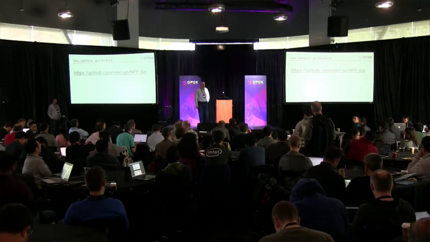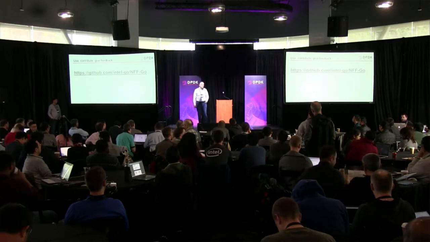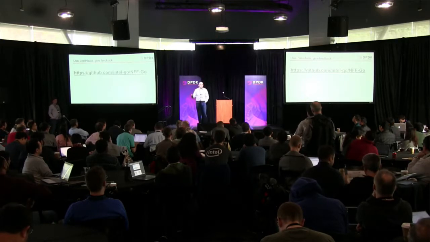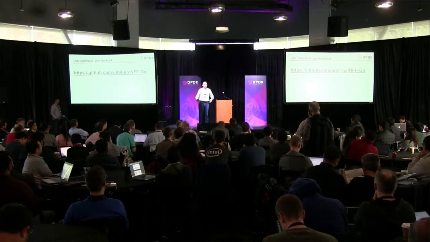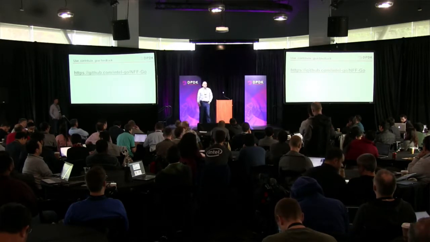Can an NFF-Go program be embedded into the SmartNIC? Can we use SmartNICs from NFF-Go? Yeah. Yes. So if there is an API which allows you to get something from the SmartNIC, then yes. Okay, thank you.